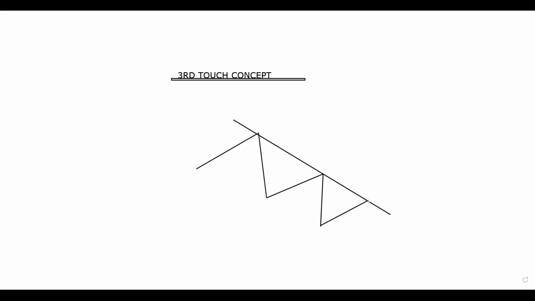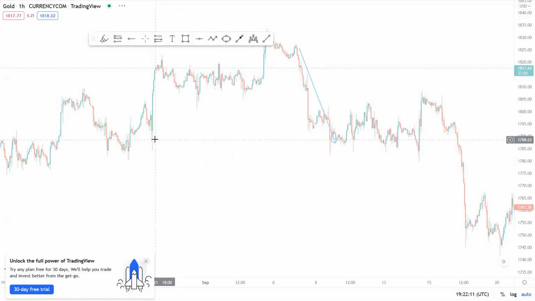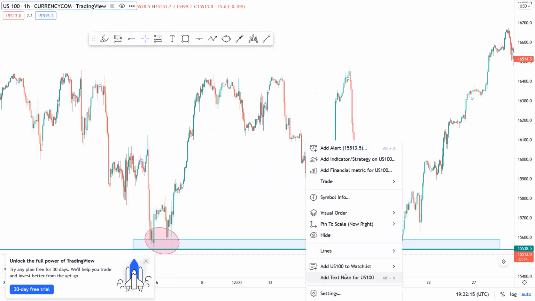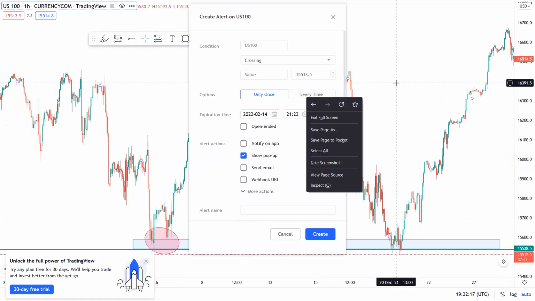Here, you sell. In most cases, it will manipulate you, but at the end of the day, it will sell. So always wait for manipulation. Manipulation should be your friend from today. So we're going to start with NAS 100. We're looking for third touches today.